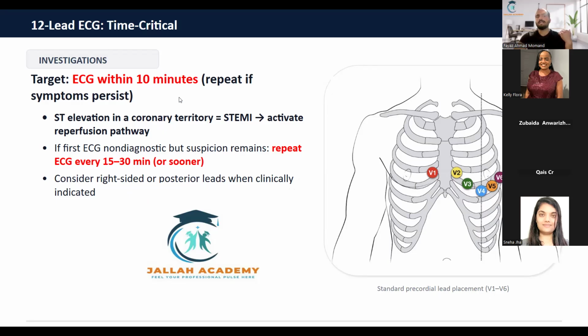If the patient's ECG shows ST elevation in a coronary territory, meaning that it is affecting either the anterior, the septal, the lateral, or the inferior wall of the heart.